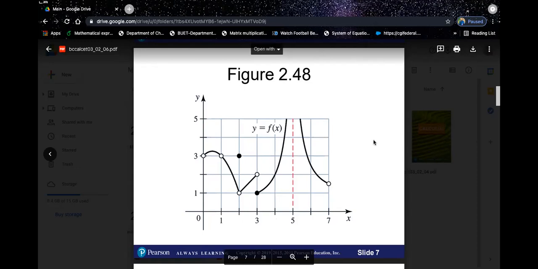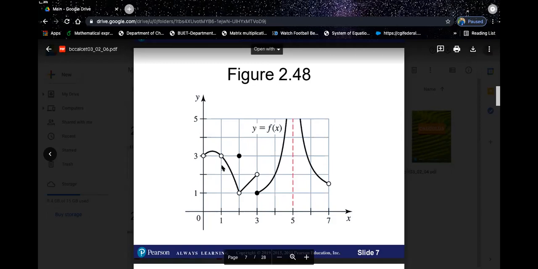Since you can see there is a hole at x equals 1, there is not really a defined value at 1, right? So we say that the function is unfortunately not continuous at x equals 1.